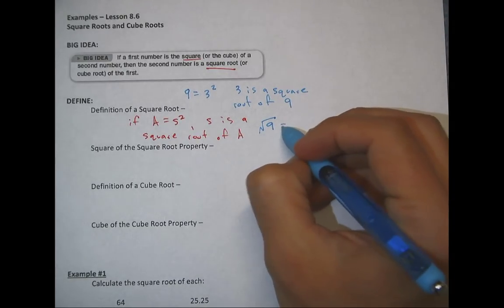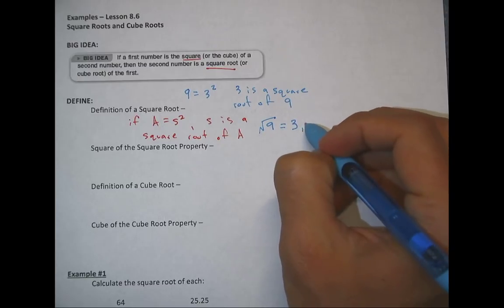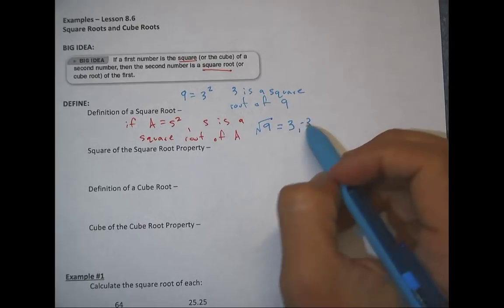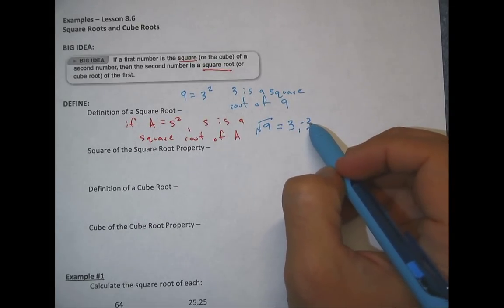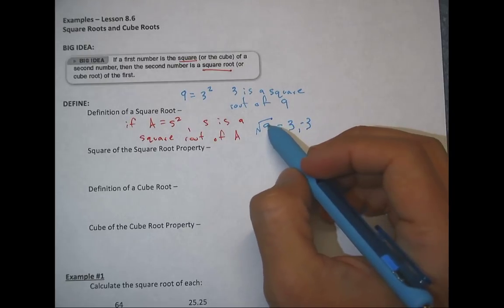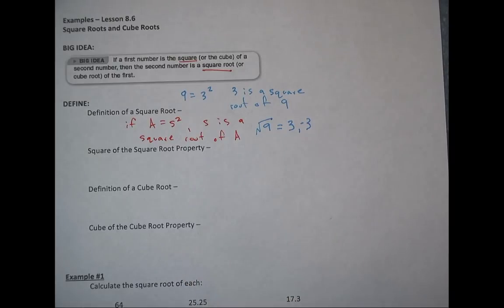So the square root of 9 is 3. Or actually, there's another one, negative 3, and we'll talk more about that. Because if I take negative 3 squared, negative 3 times negative 3, I get 9. If I take 3 squared, 3 times 3, I get 9. So both of them are square roots of 9.